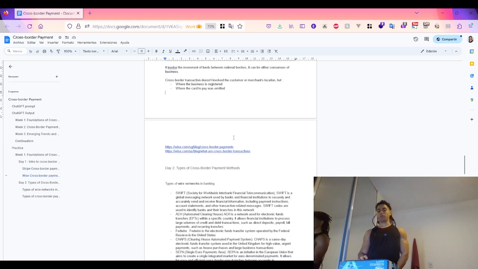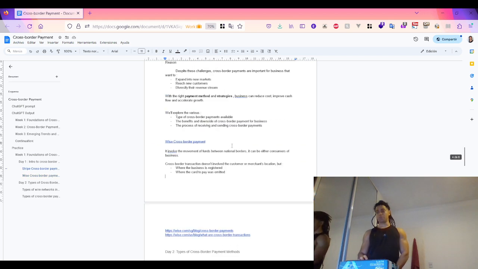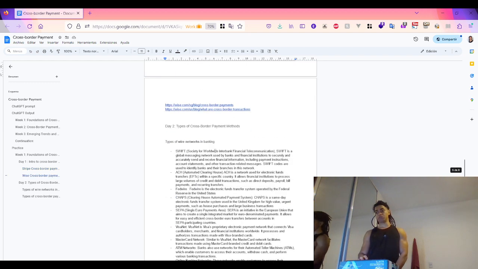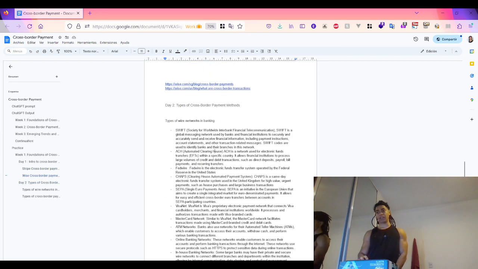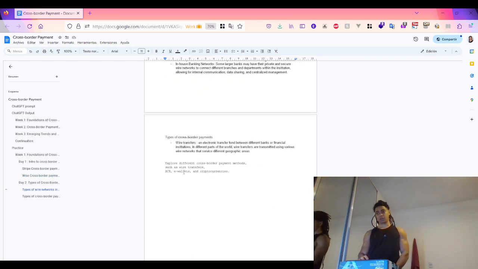Because of that, I also looked at the different types of cross-border payment. One of them is ACH, or wire transfers, which is an electronic transfer of funds between different banks or financial institutions.